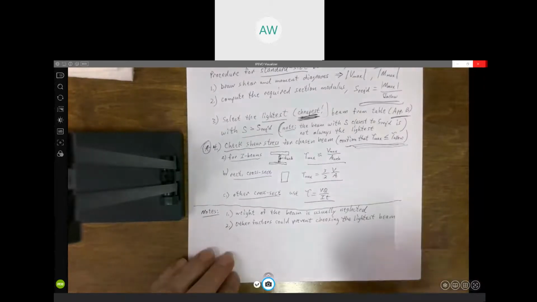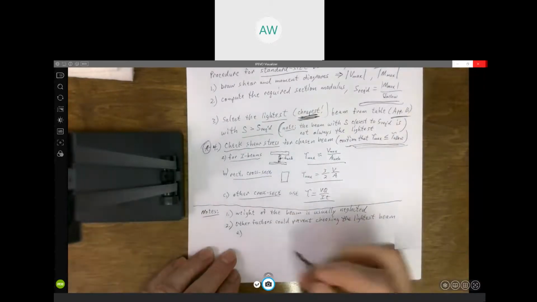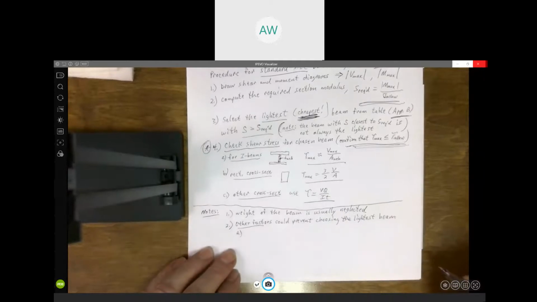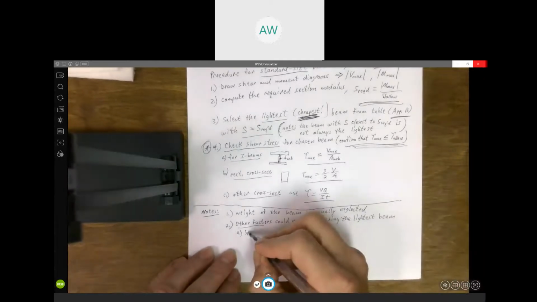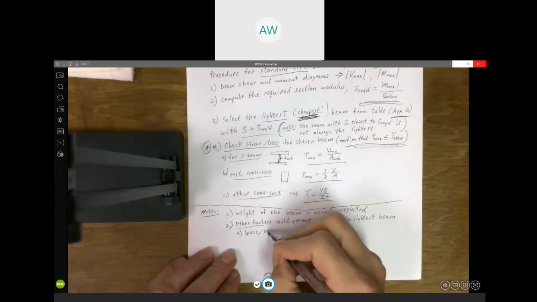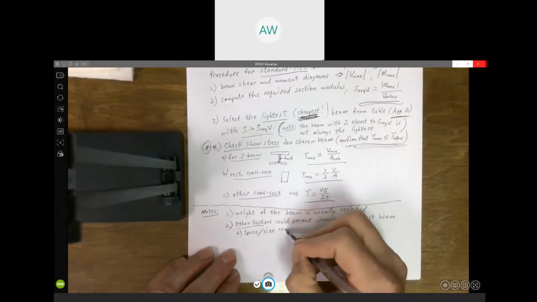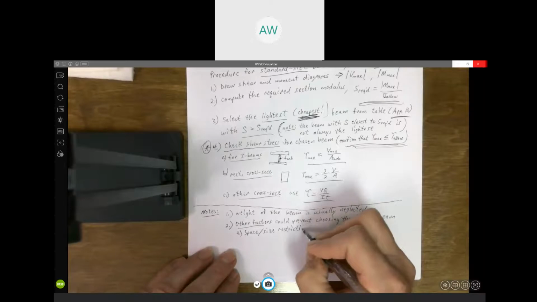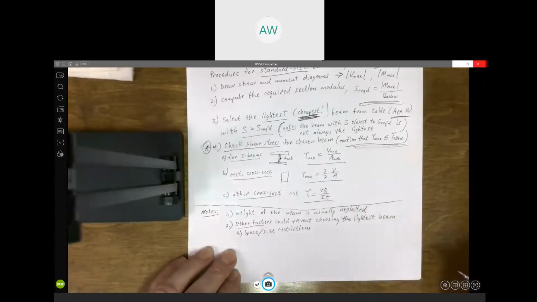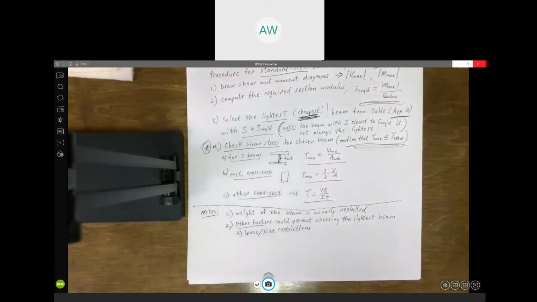But just say, for example, one possible other factor I'm referring to here would be space or size restrictions. For example, maybe this beam has to fit between two other members, or it's got some other boundaries or constraints.